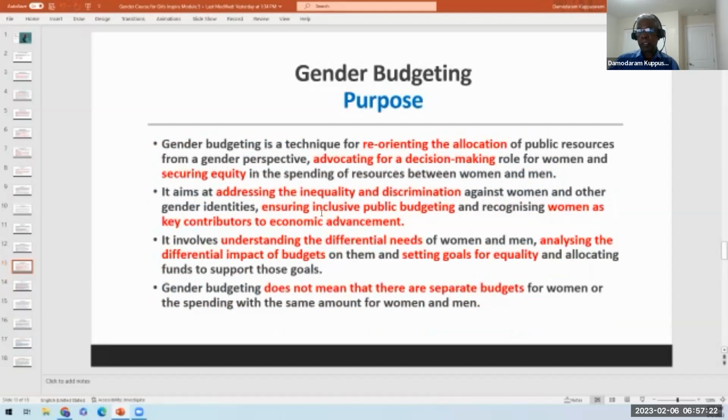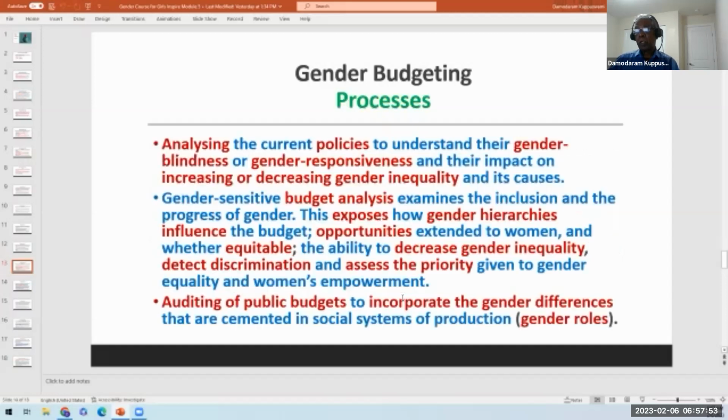We said that we are reorienting public allocations with an equity principle involving people themselves, to look at how it addresses inequality and discrimination, and how it considers women as contributors, involves understanding differential needs and differential impact budgets can have, and setting goals for equality, requiring analyzing the policies to understand how blind or responsive they are, in terms of how it is including gender, how gender hierarchies are influencing the budget, what opportunities are extended to women and other gender, how equitable they are, whether they are contributing to decreasing the inequality.